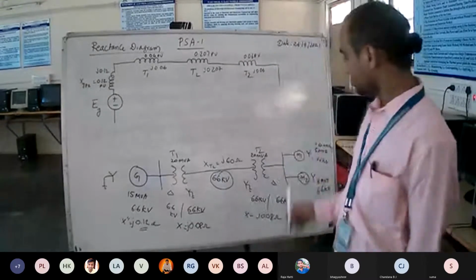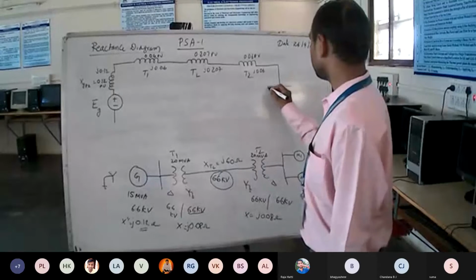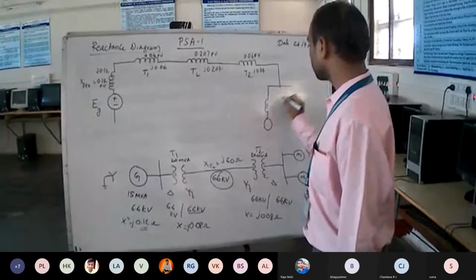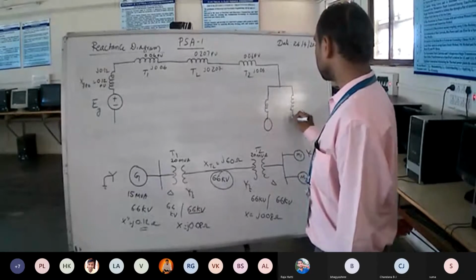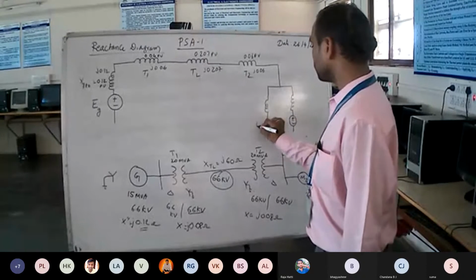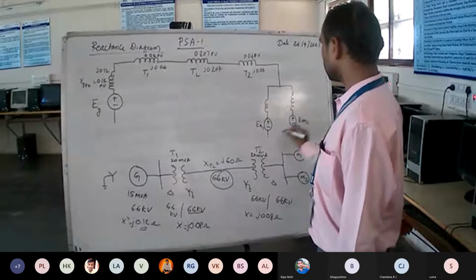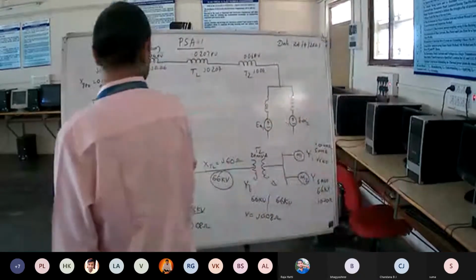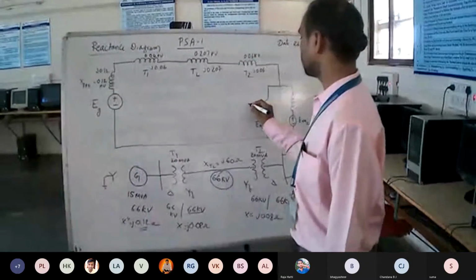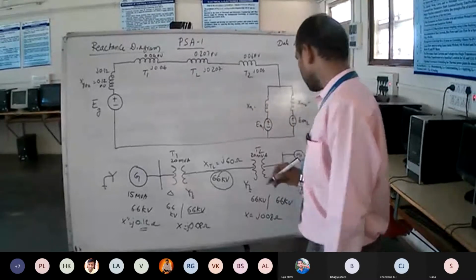Come to the motor. Both motors are connected in parallel, right? How do you represent the motor? A voltage source in series with a reactance, positive and negative. This is EM1, EM2. What are XM1 and XM2? Both are equal. How much?